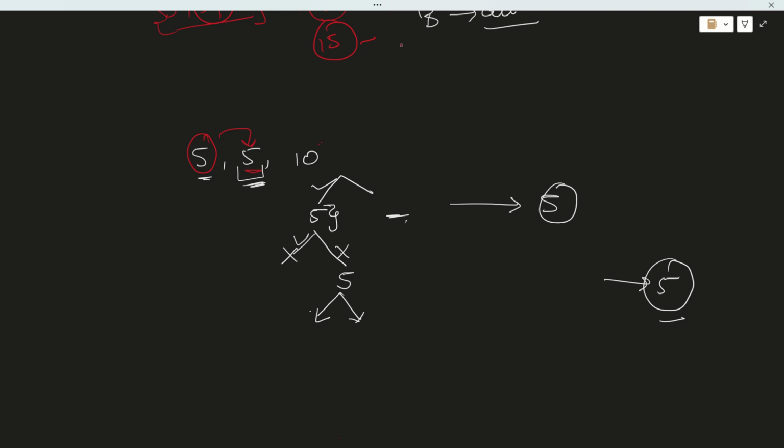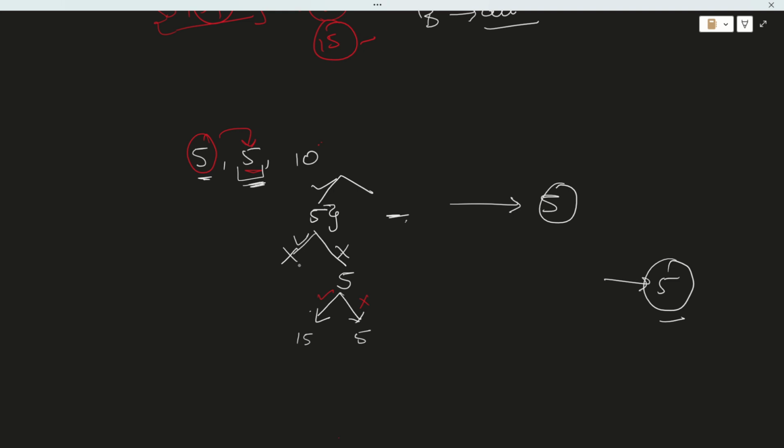I don't have to choose adjacent elements. I can leave any number of adjacent elements, right? So I have the option to choose 10 and not to choose 10. If I choose 10, the answer would be 15. If I don't choose 10, the answer would be 5. Is that okay with you?